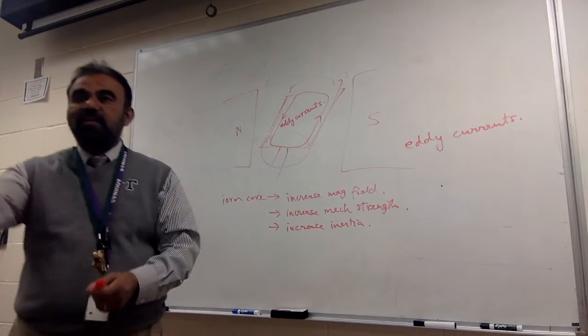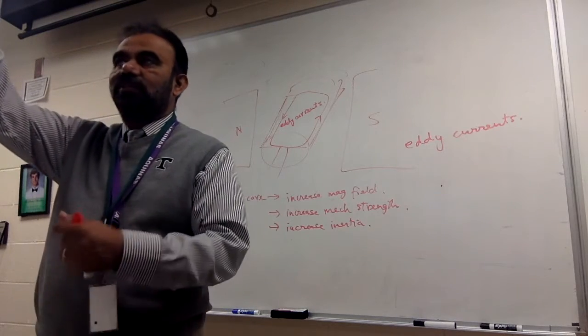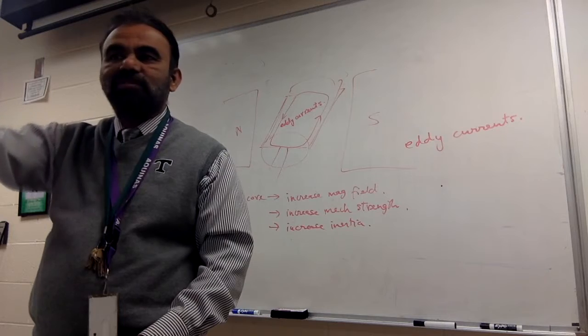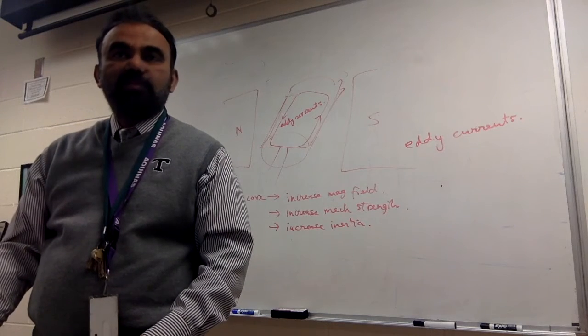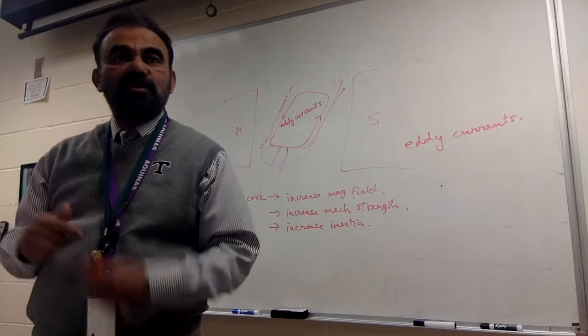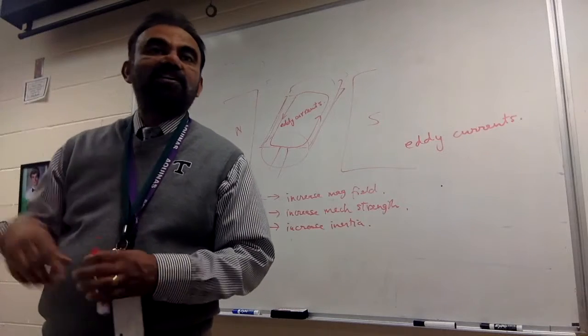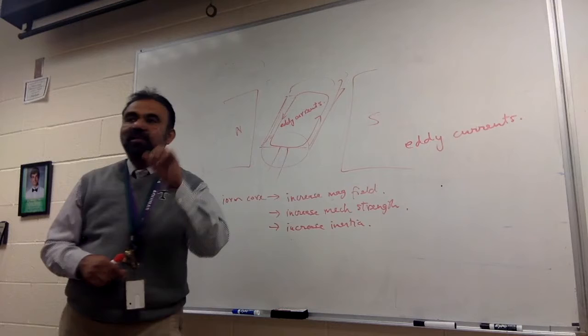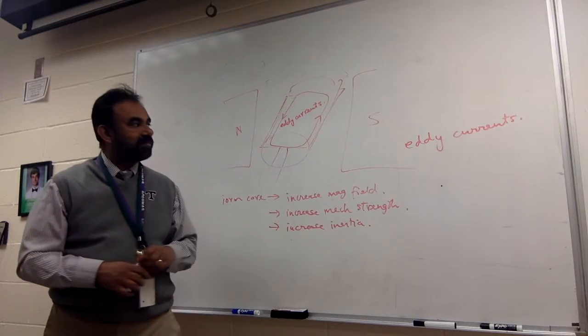You saw when the magnet was dropped through the metal ring, see how the magnet went slowly? That means see how much opposition is going through because of that current induced. That current that is induced in the metallic core is called eddy current.